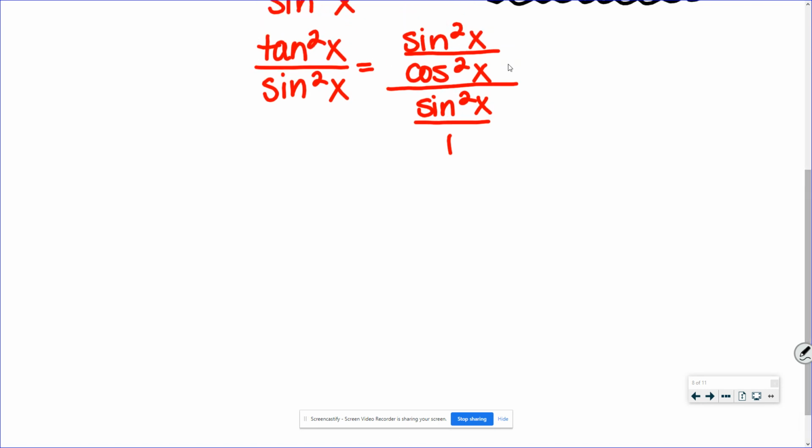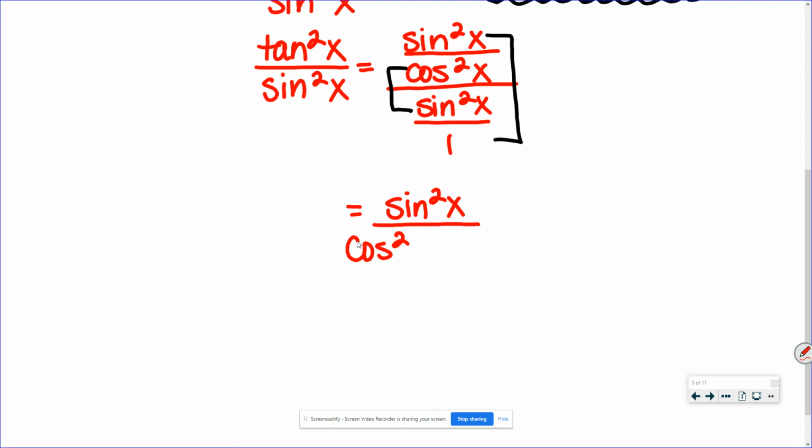What I can do next is something called outer inner. I don't know if we've talked about that yet this year, but outer inner is a way of dividing a fraction by a fraction. It's just a little trick. Outer inner means to take the 2 very outside things, so like very top and very bottom, multiply those together, which would make it sine squared, and then take the inner things and multiply those together and put that on the bottom, and that would be your solution.